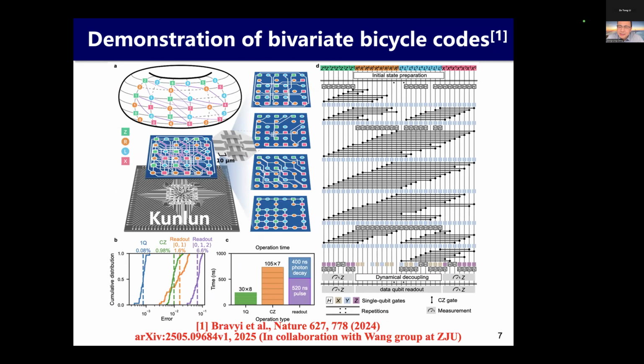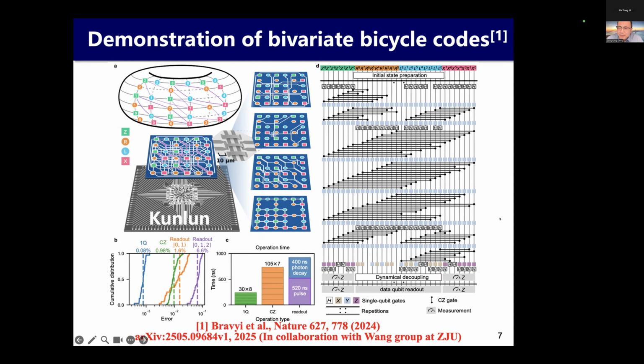This is a special quantum low-density parity check code. This code was originally introduced by Bravyi and his colleagues at IBM. They published a paper in Nature last year, in which they proposed this bivariate bicycle code.